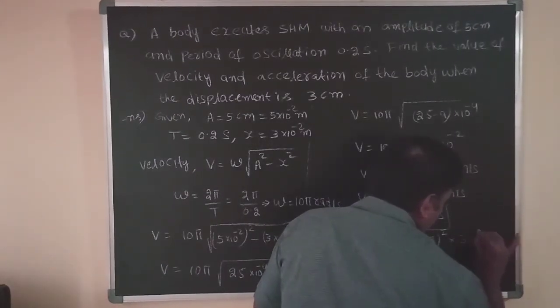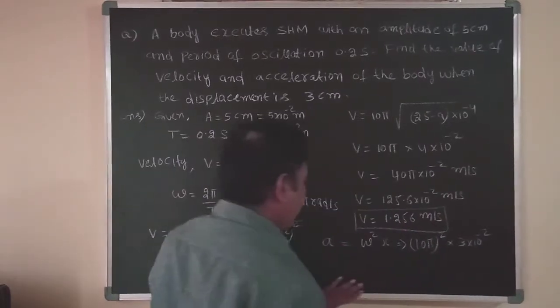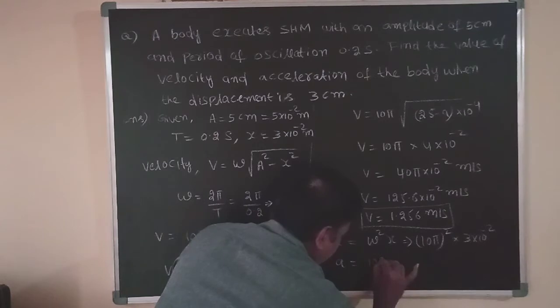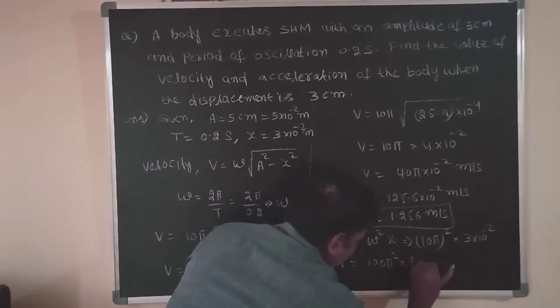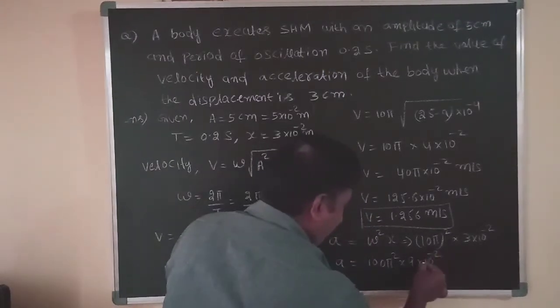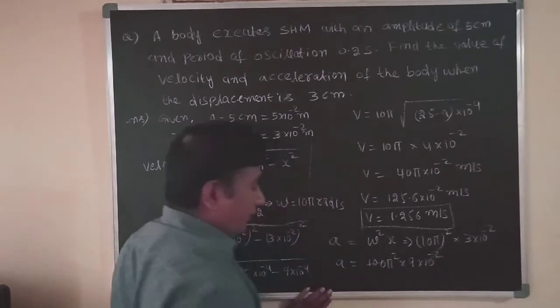So a is equal to 100 π square into 9 into 10 to the power of minus 2. The 10 to the power of minus 2 and 100 get cancelled.